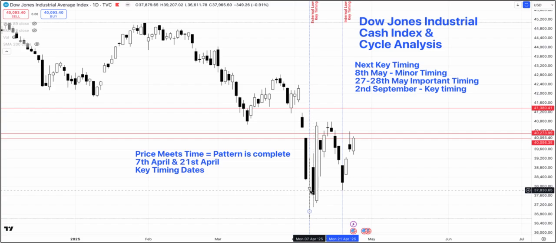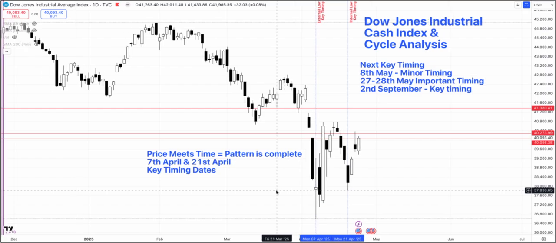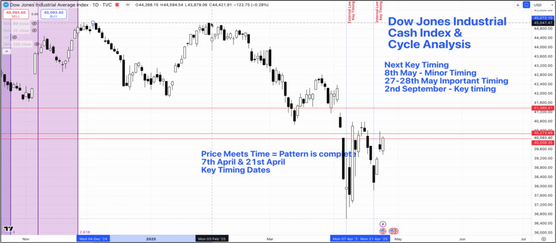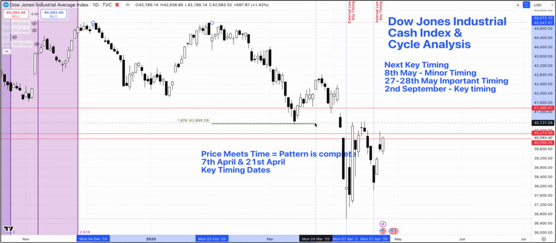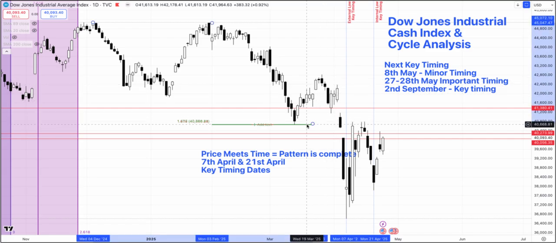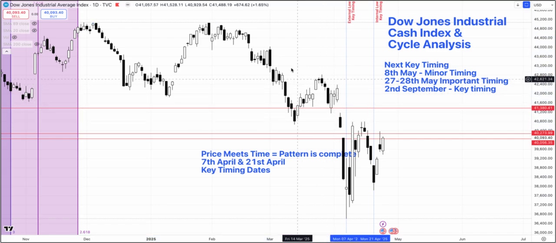Now, when the 7th of April low was being formed, we had an important timing coming in. And then we also had on the Dow Jones a key retracement, or rather a price projection, which was happening. So let me try to draw that for you. Here we go.